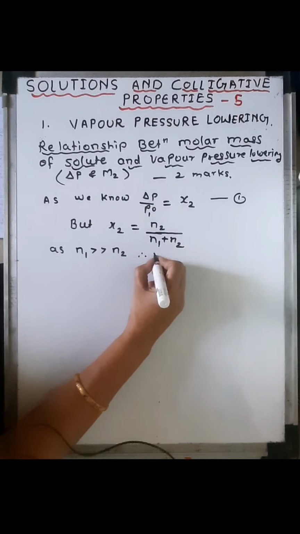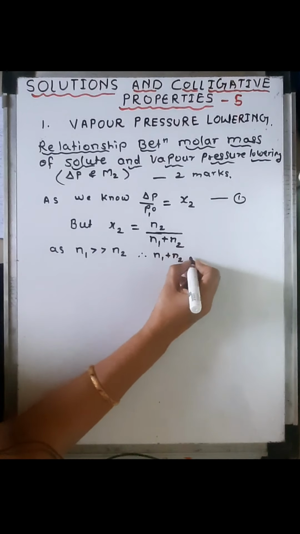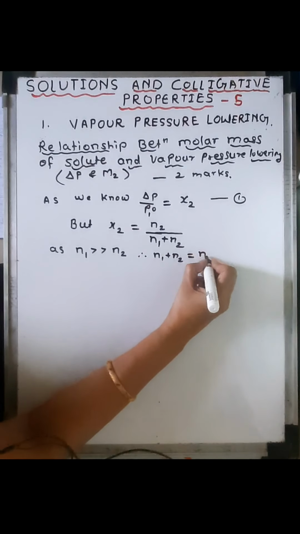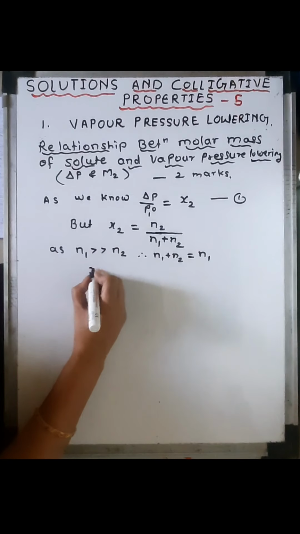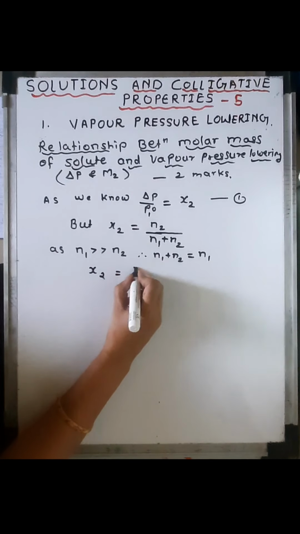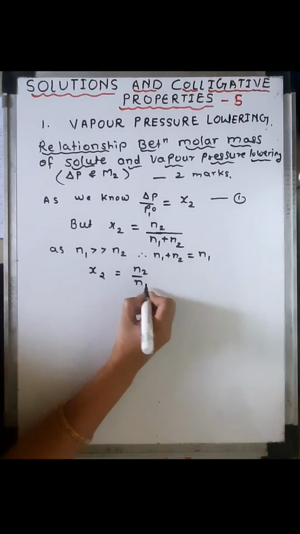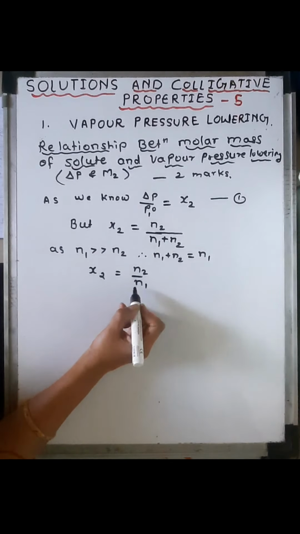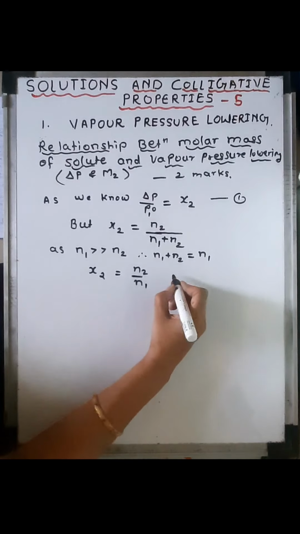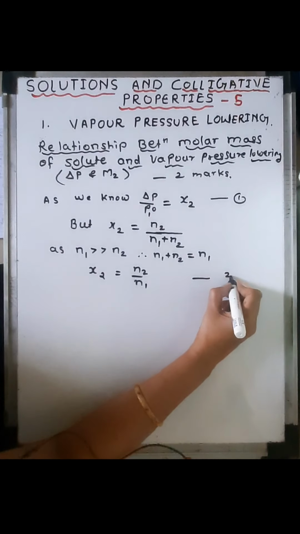Therefore, N1 plus N2 is approximately N1. Then X2 becomes N2 upon N1. This is equation 2.